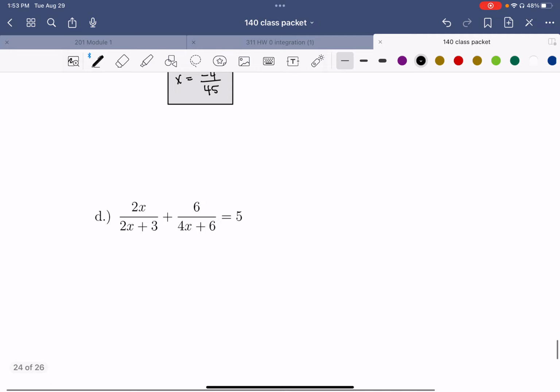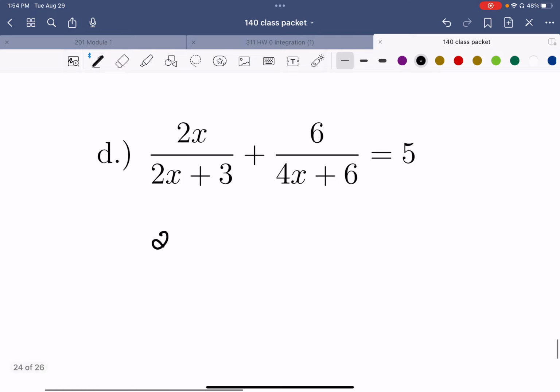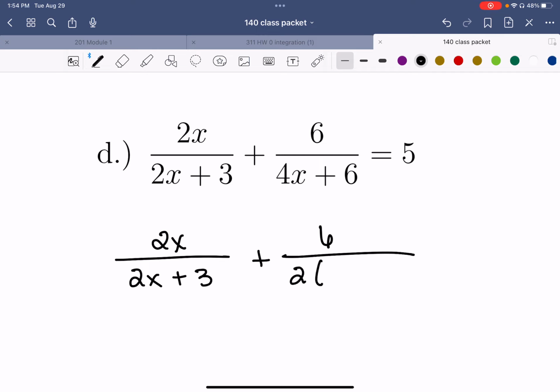Okay, next. All right, take a look at D. First thing I'm going to do is see if I can factor anything. So if you look at the denominators, 2x plus 3 is irreducible. There's no factors there. But 4x plus 6, they both have a common 2. So let's factor that. When I take out the 2, I get 2x plus 3.